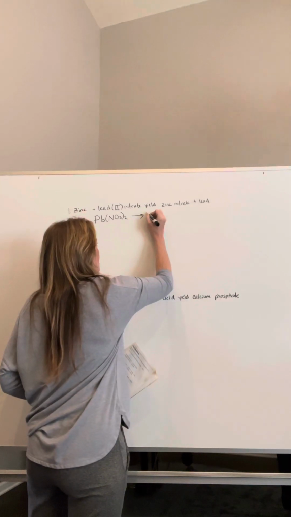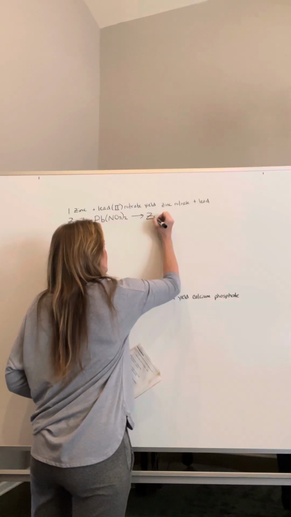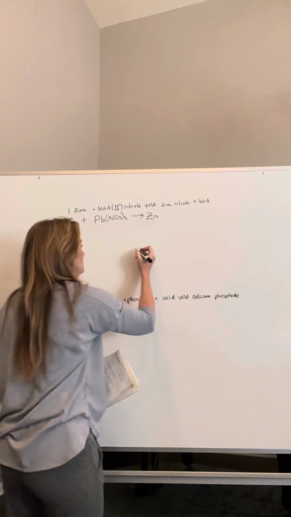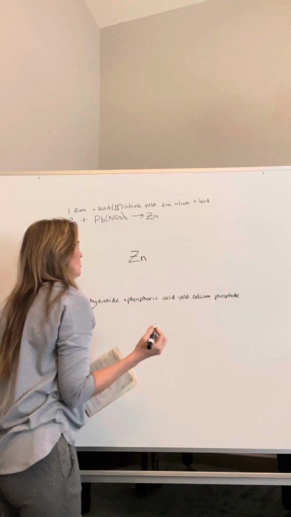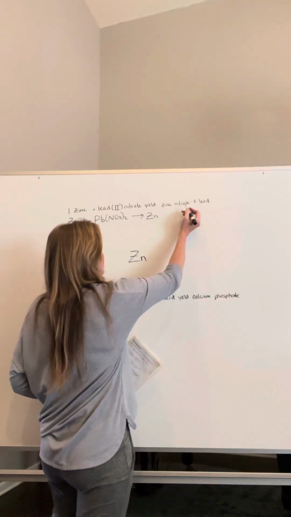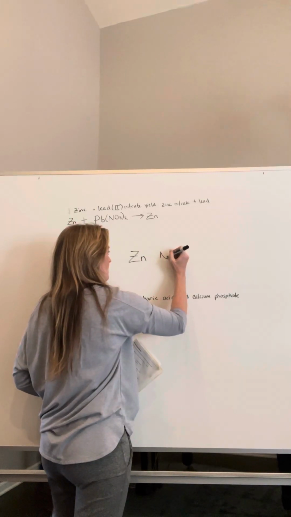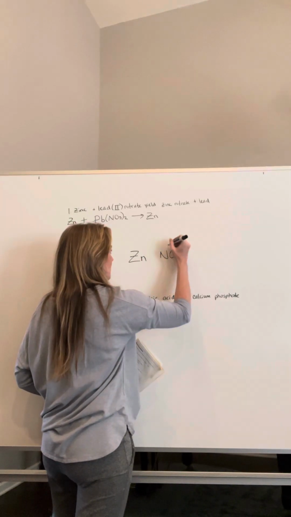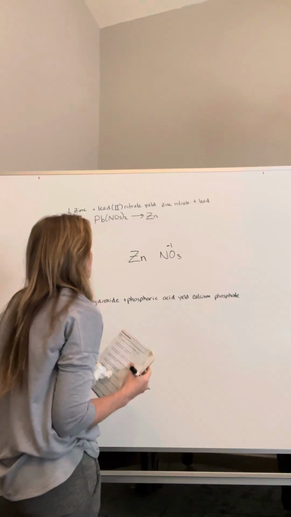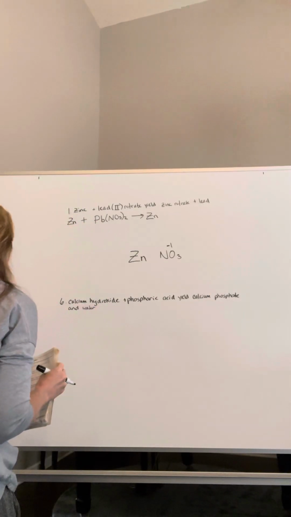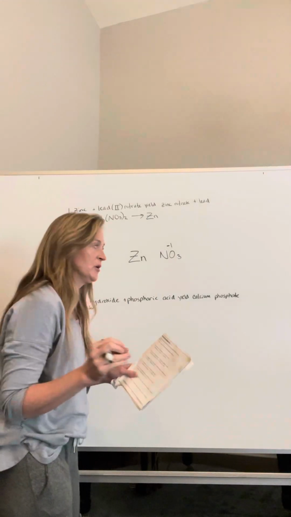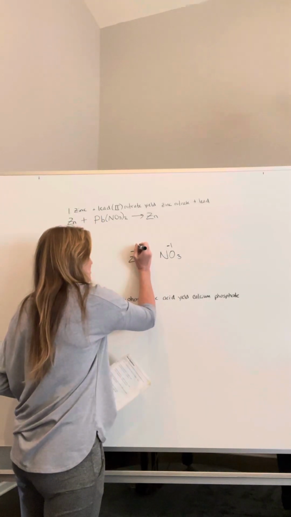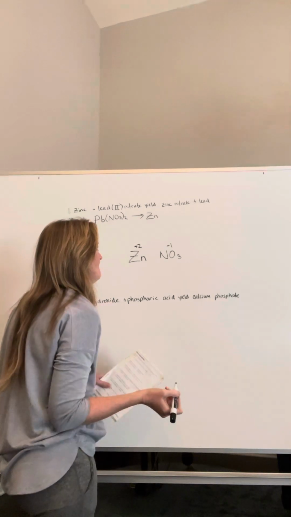zinc nitrate. So I know I've got zinc, and again, I'm going to come down here and write my molecule so that I can look at it a little closer. Nitrate, I've already looked at that, right? And that was NO3, and it's got a -1 oxidation number. If I look at my oxidation numbers on the periodic table, zinc is going to have a +2, okay?